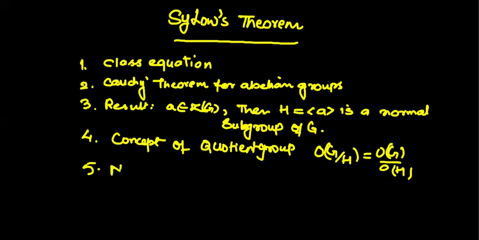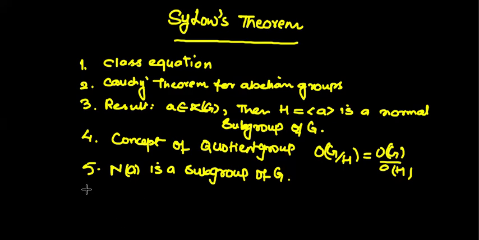Fifth, N(A) is a subgroup of G. So these are a few of the results which are needed in the proof of Sylow's theorem.